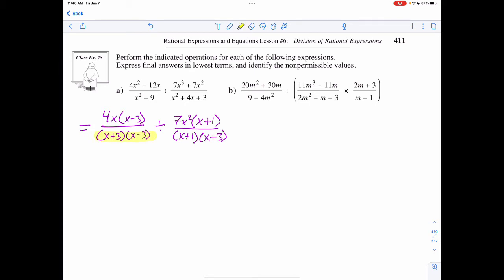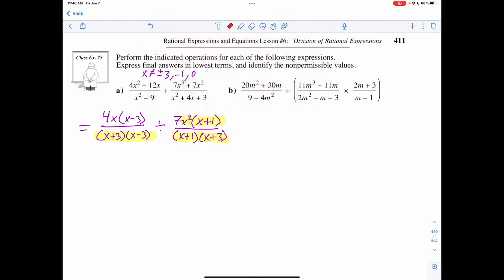Now don't forget to check, and if you need to make a list for all of your non-permissibles, you can. So I can see that x cannot equal positive or negative 3, negative 1, or 0.